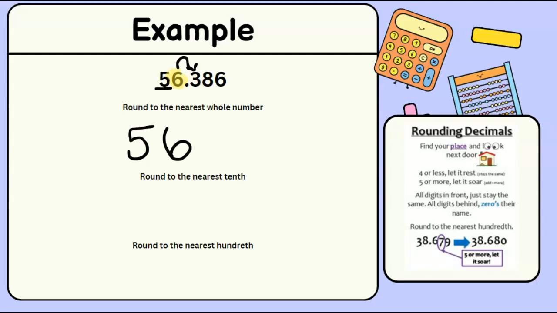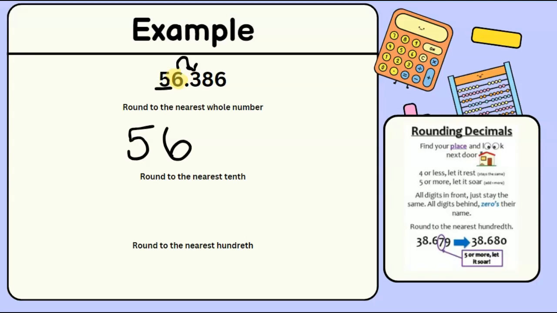I decide what my place value does, that 6 is going to stay, and then everything behind it becomes a 0. Because I don't necessarily need anything after that decimal point, I don't have to write those zeros down. So 56.386 rounded to the nearest whole number is going to be 56.